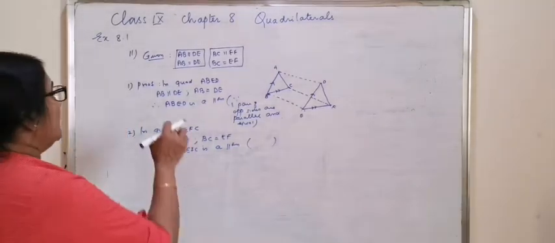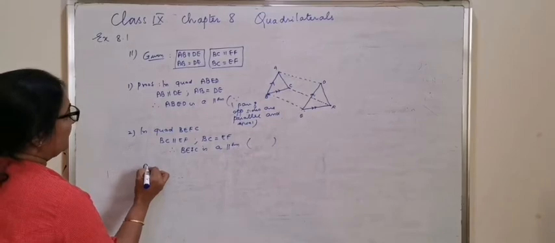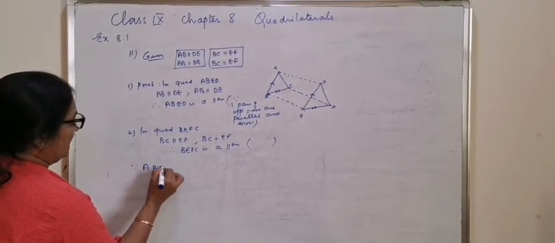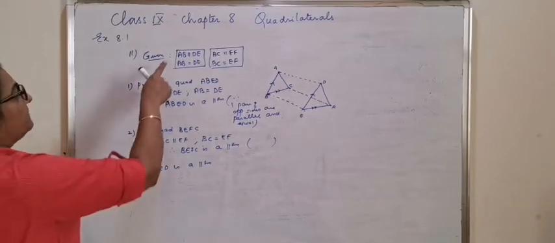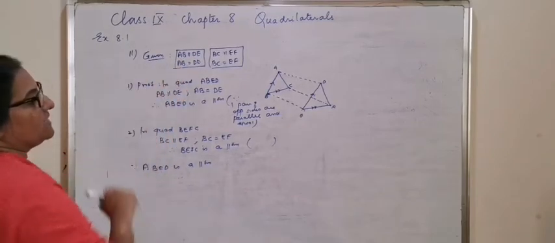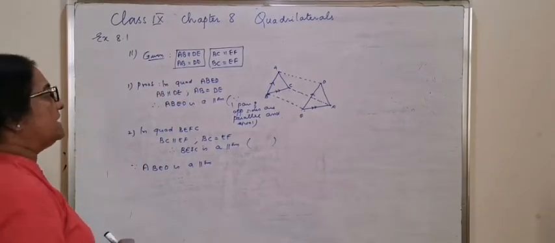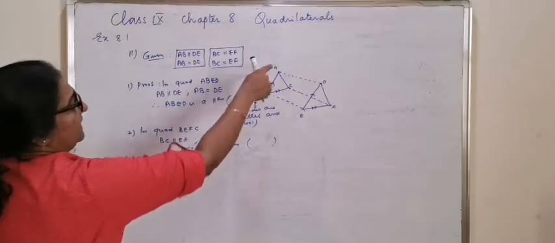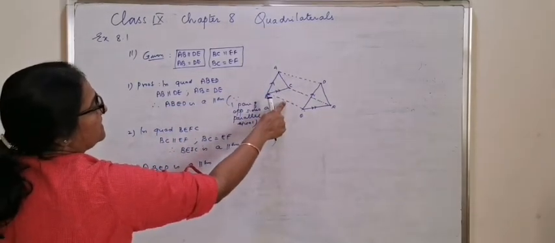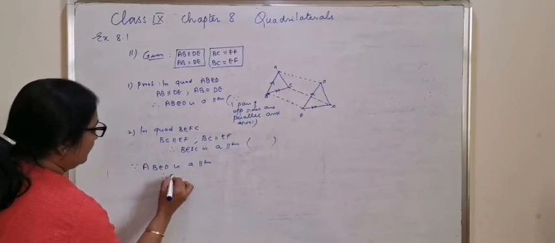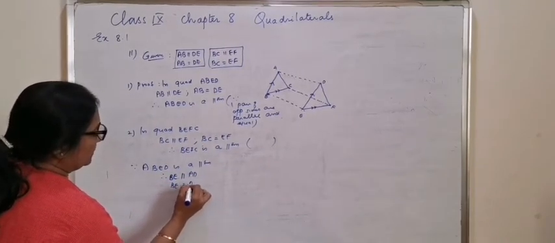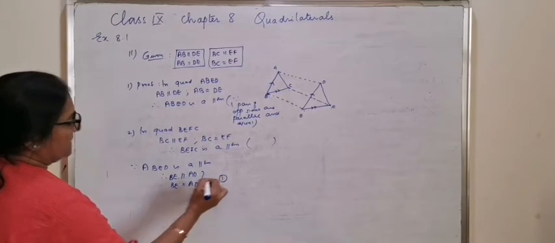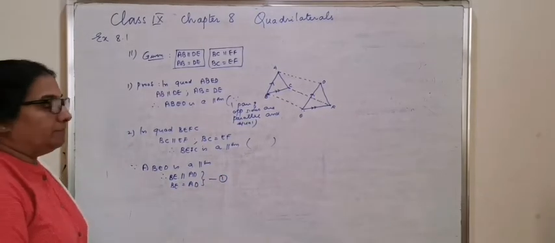Now, since ABED is a parallelogram, the first pair we took as AB parallel to DE, AB equal to DE. Let's take the second pair, that is BE parallel to AD and BE equal to AD. Mark it as equation number 1.